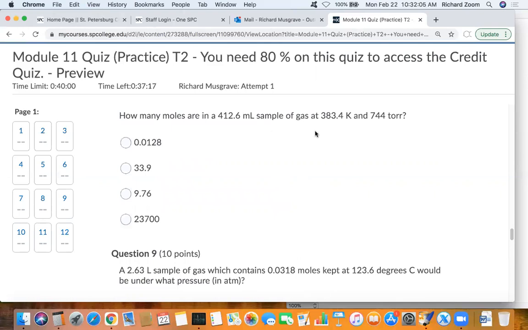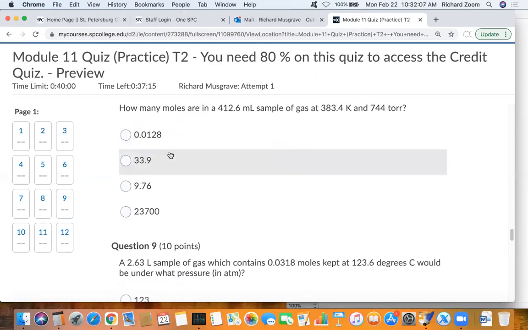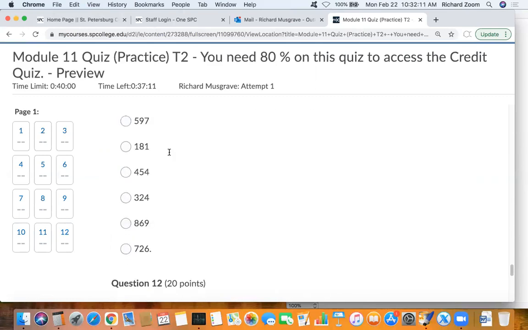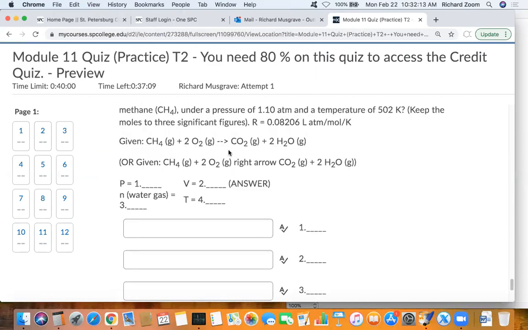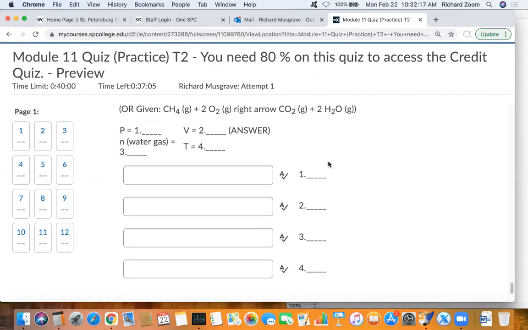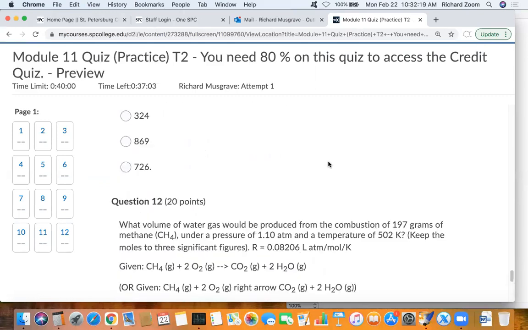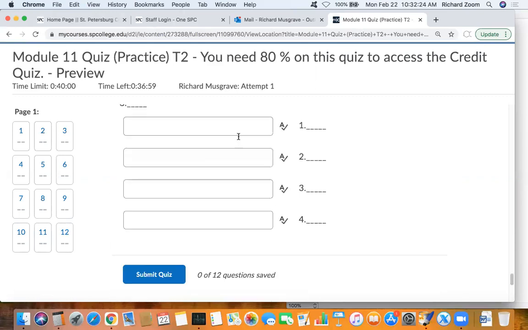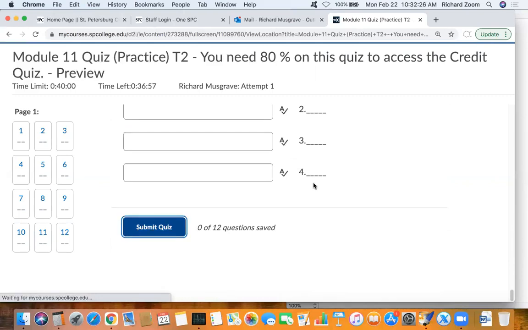Then you've got some PV equals nRT problems, and these are multiple choice. And then there's a stoichiometry problem at the end here as well. And then, of course, the credit quiz is going to be very similarly formatted to the practice quiz.